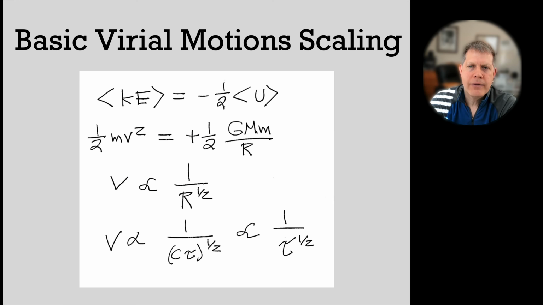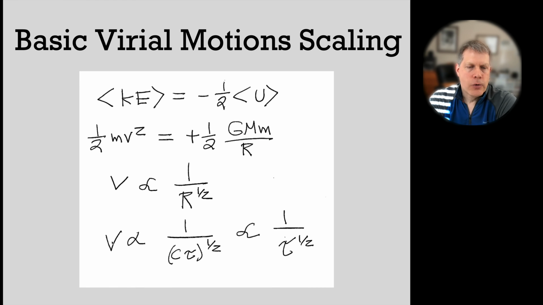To illustrate that, I have here a quick and dirty derivation, where you take the virial theorem for gravity, the kinetic energy is minus 1/2 the potential, and you put in your simple equation for kinetic energy and for potential energy. You then find that the velocity width of the line should be proportional to 1 divided by the radius to the 1/2 power.